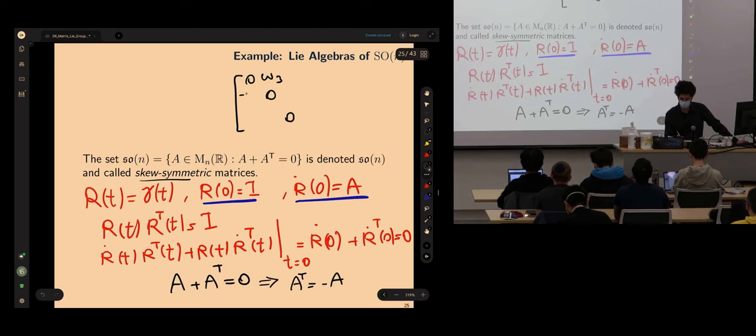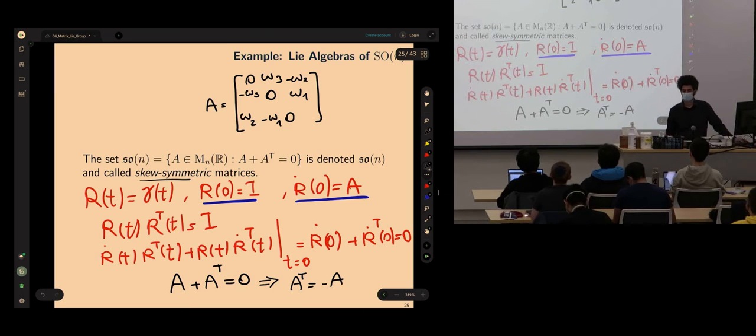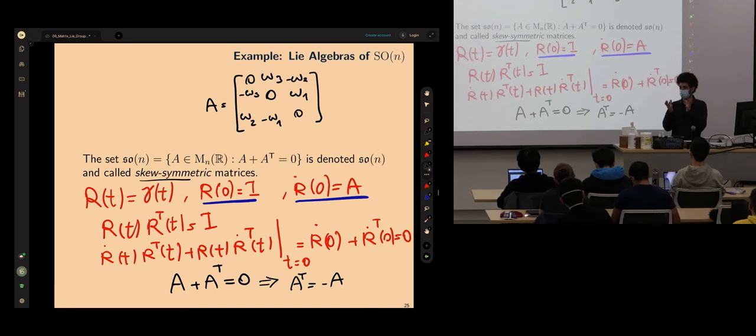Imagine a skew-symmetric matrix of usual form, perfectly aligned, but this is the angular velocity skew-symmetric matrix that we can use.